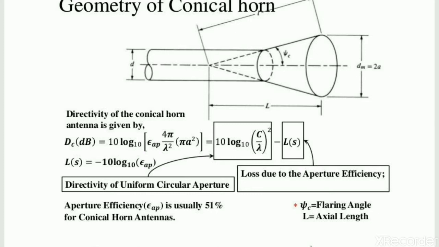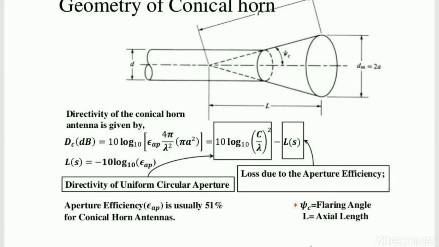Here the first formula is the directivity of the uniform circular aperture, we can see from this figure, and the second one is the loss due to aperture efficiency. The aperture efficiency epsilon_ap is usually 51% for a conical horn antenna, where L is the axial length and psi c is the flaring angle.